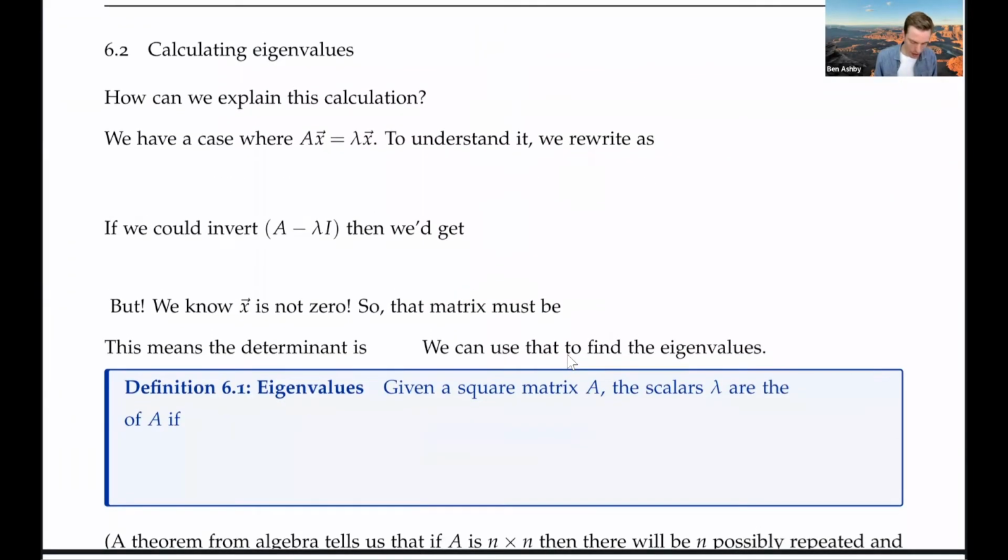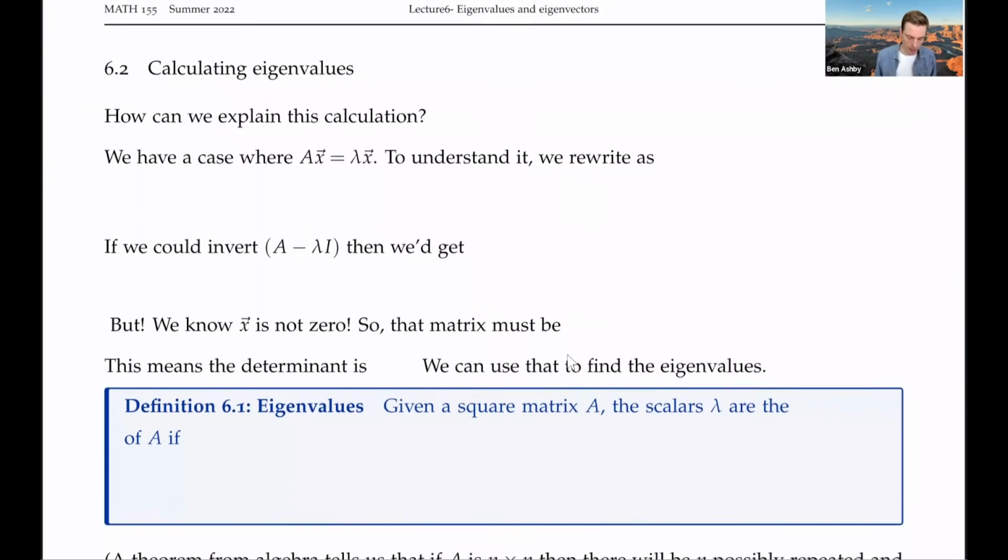How do we actually go about calculating our eigenvalues? So if we have a case where A times a vector x is equal to some scalar, in this case lambda, times that vector, well, we can rewrite this as Ax equals lambda x, which is just the same as Ax equals lambda I times x, where I is our identity matrix.